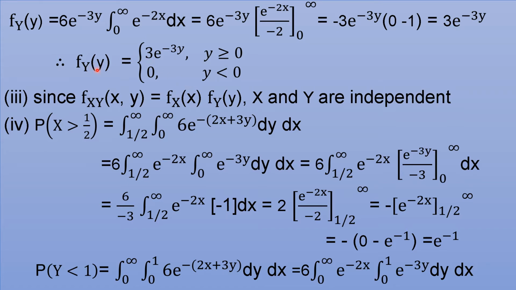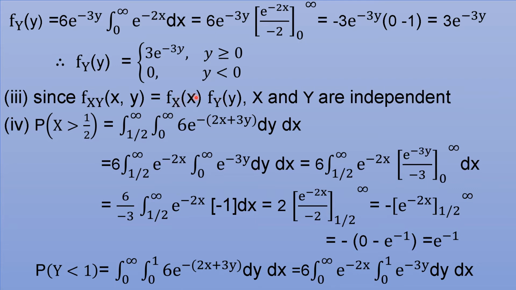If you multiply these two marginal probability density functions fx of x into fy of y, then the product will be 2 into e power minus 2x into 3 into e power minus 3y for x greater than or equal to 0, y greater than or equal to 0. Multiplication gives 2 into 3 means 6.